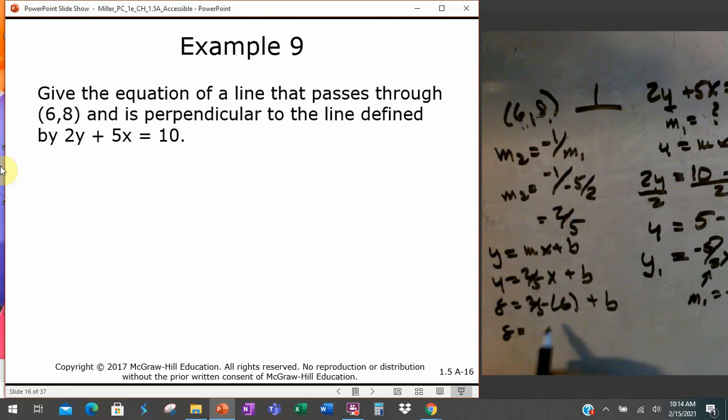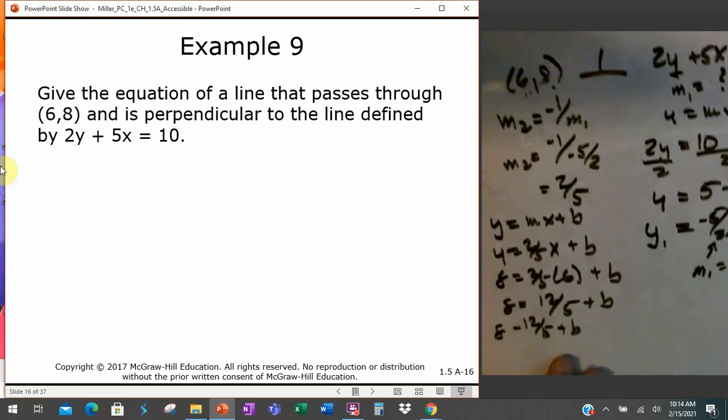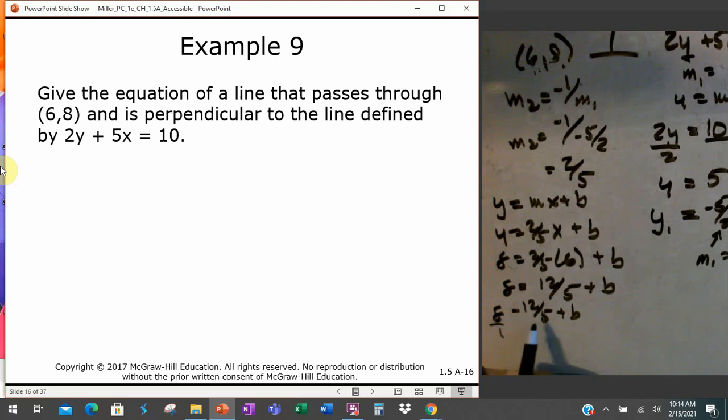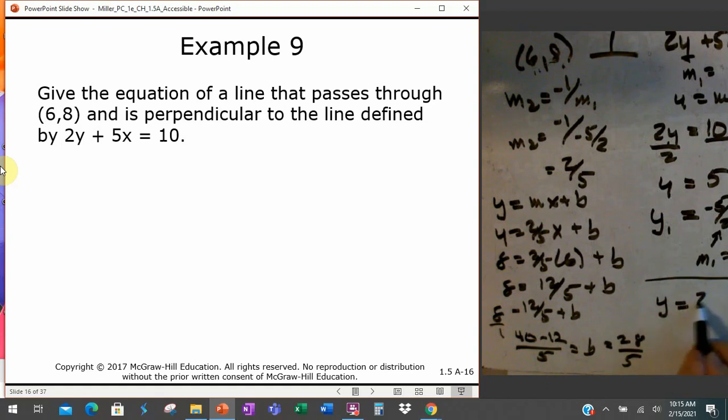And then 8 = 12/5 + b, and then minus 12/5 from both sides, 8 minus 12/5 equals b, and this 8 is over 1, so I need to convert that, so that's 40 minus 12 over 5, and that would be 28 over 5. So then I just put this in for the b, 28 over 5.